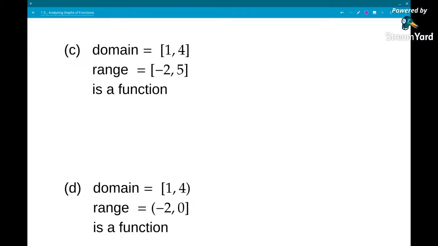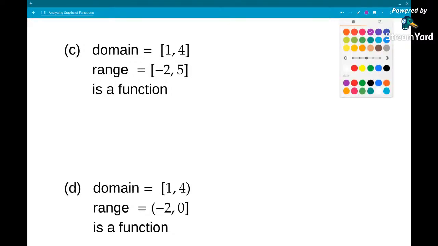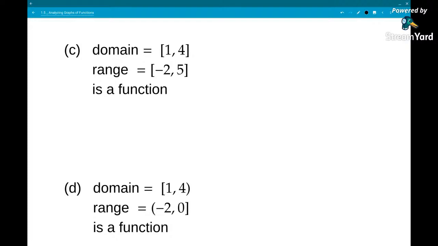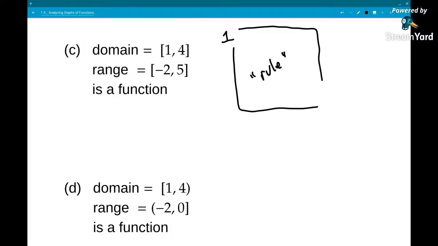I want to create a graph that has the following domain, 1 through 4, continuous. That means every single number 1 through 4, and that it has to have a range of -2 to 5. Okay, so here's what I'm thinking. I know 1 is going to be the smallest input into this rule, whatever it is.